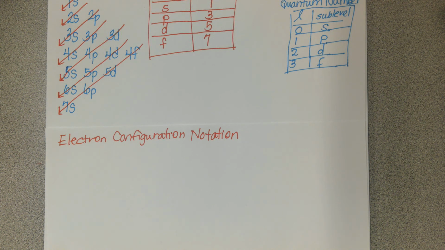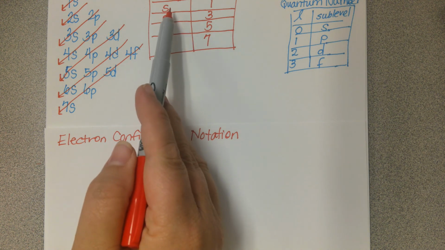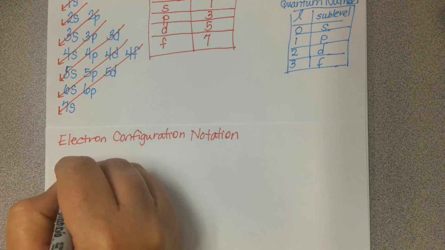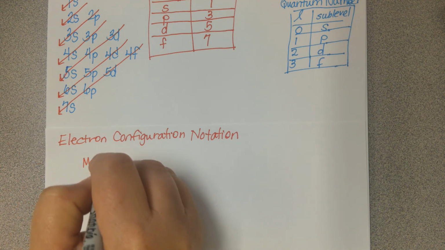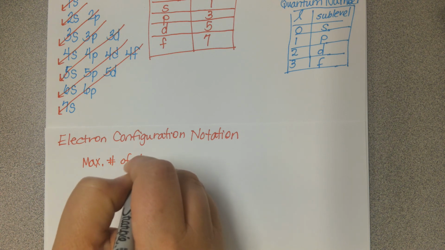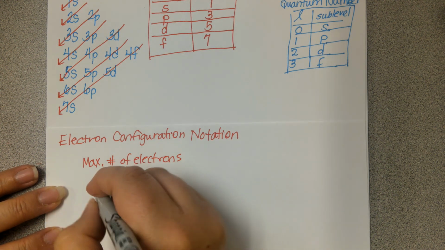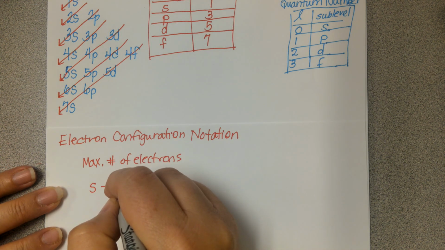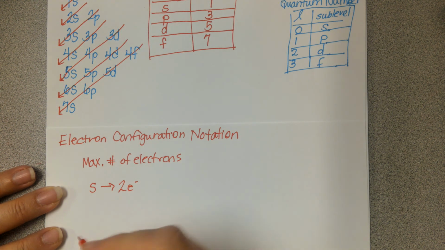So really, with electron configuration, what we need to think of, for s, p, d, and f, is the maximum number of electrons. In other words, if I'm looking at an s sublevel, which has one orbital, each orbital can hold 2 electrons. So an s can hold a maximum of 2 electrons.